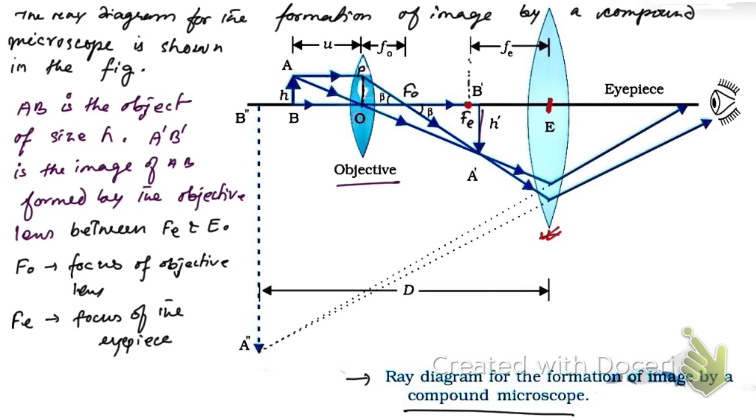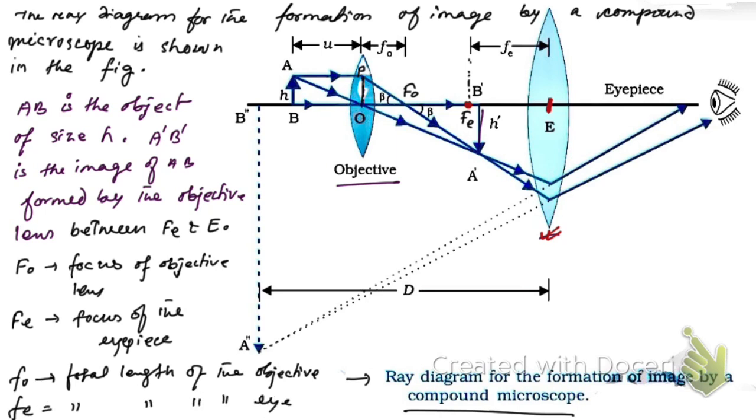Small f0 is the focal length of the objective lens, and fE is the focal length of the eyepiece. Hope you have understood this.